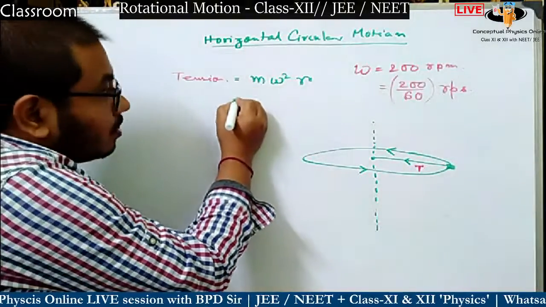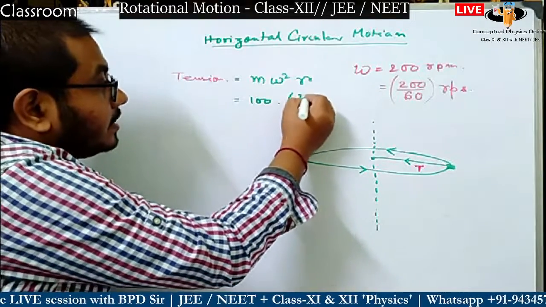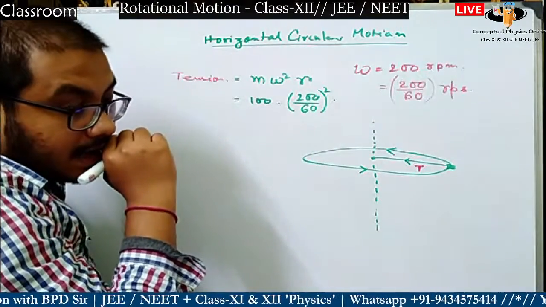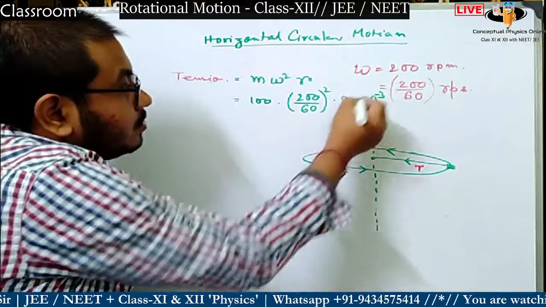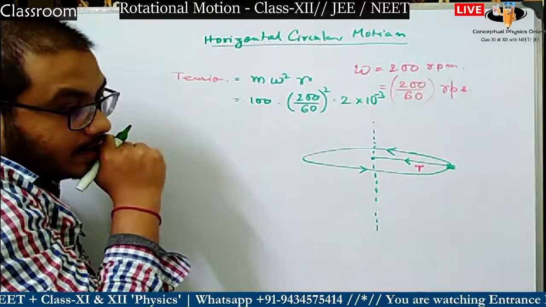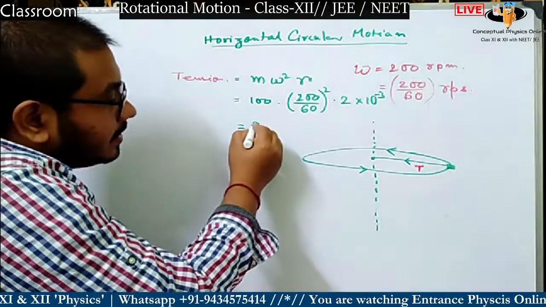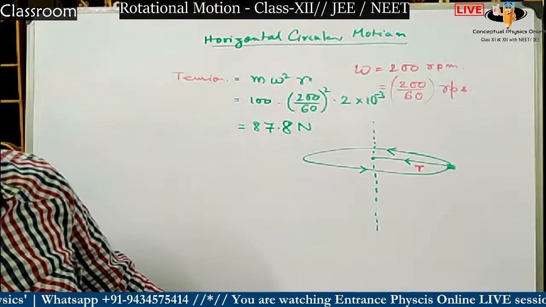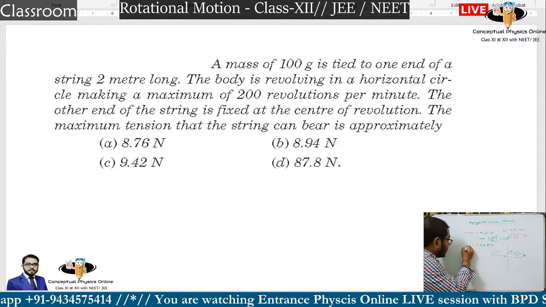Putting all the values, M as 100 gram, which we can take as 10 to the power minus 3 kg, omega square as (200 by 60) square, and R as 2 meter, it will become 87.8 Newton.